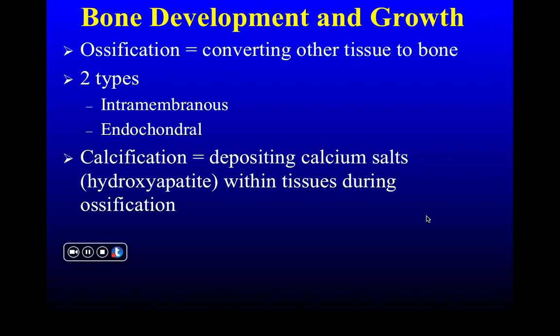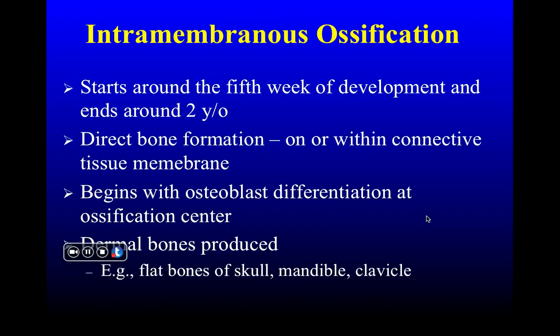That's the cells depositing that hydroxyapatite, which hardens the matrix. Okay. So, our first one, intramembranous ossification. Around the 5th week of development, you start to form bone through this process. And this ends around the 2nd year.